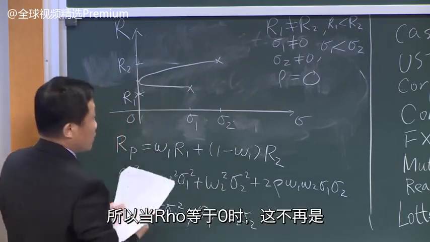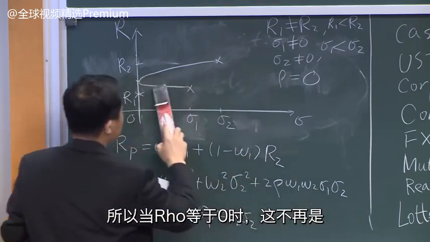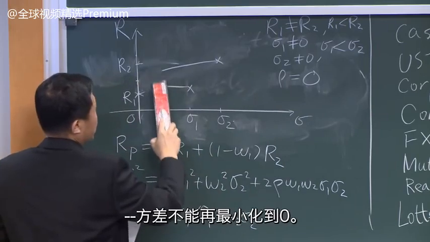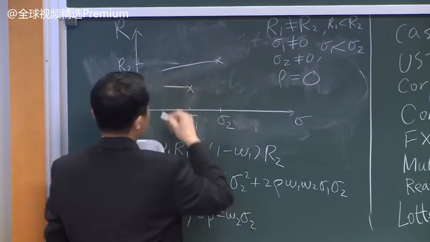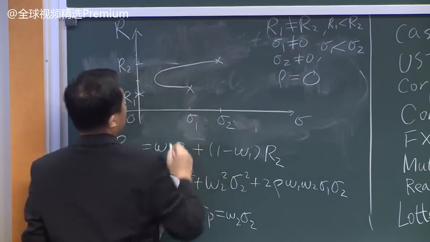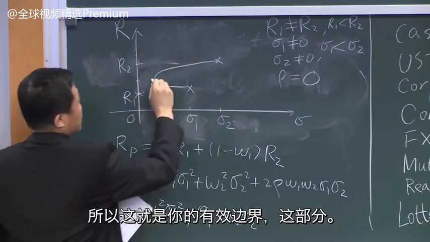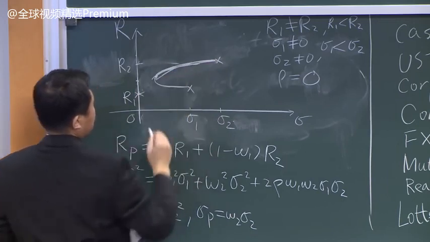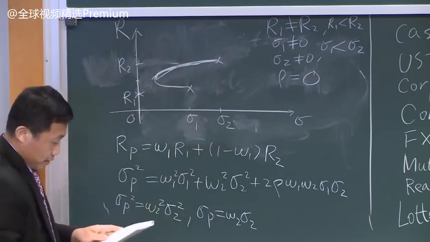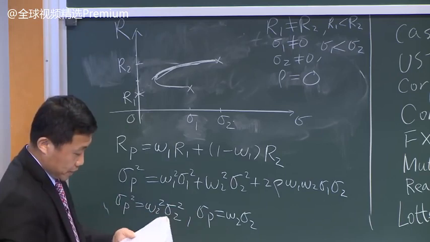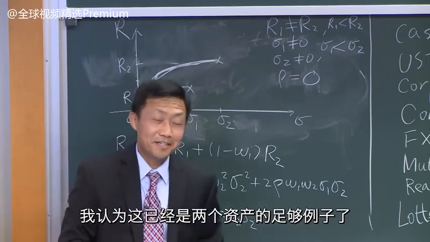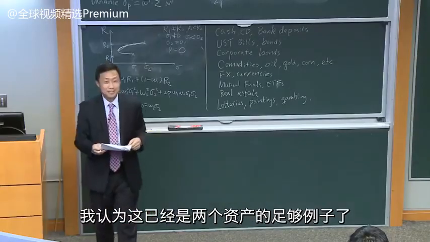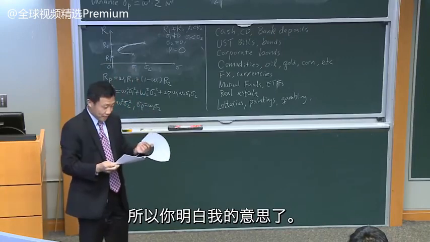So when rho equal to 0, the variance can no longer be minimized to 0. So this is your efficient frontier, this part. I think that's enough examples of two assets for the efficient frontier. So you get the idea.